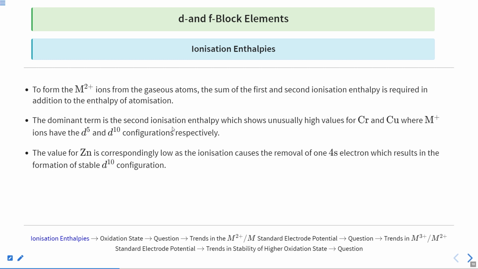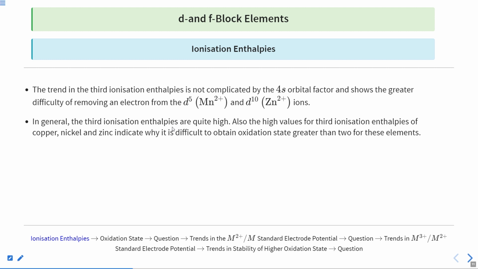So as soon as we remove one electron, for the second ionization enthalpy, first we remove an electron from zinc, which results in 3d10 4s1. Now if you remove one more electron, that results in a completely filled d orbital, and for that reason the ionization enthalpy is low. We are seeing the same thing here also.